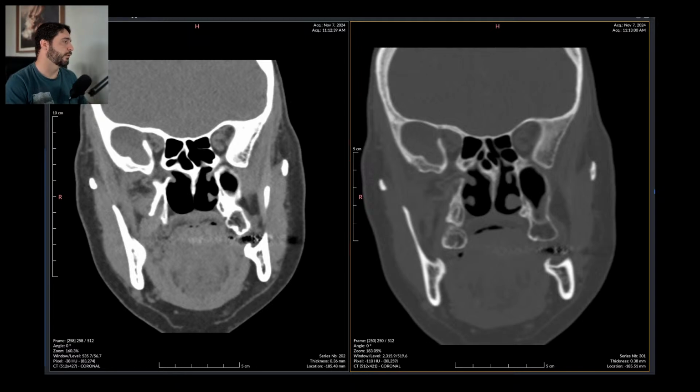Going to grab a template right there. I'm just going to add that there is a right frontal sinus hypoplasia. It's not there.